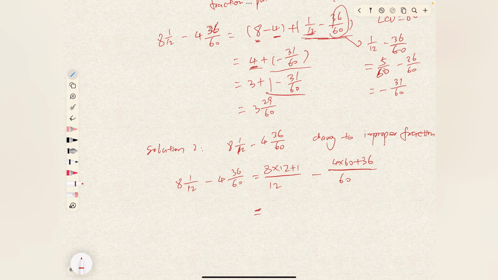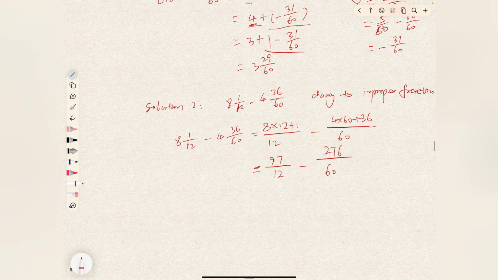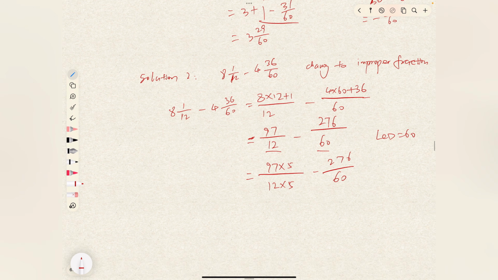Then 12 times 8 is 96, so then 97 divided by 12, minus 60 times 4 is 240, plus 36 is 276. Now we just need to find the LCD for them. That will be 60, so it's 12 times 5. So 97 times 5 minus 276 over 60.